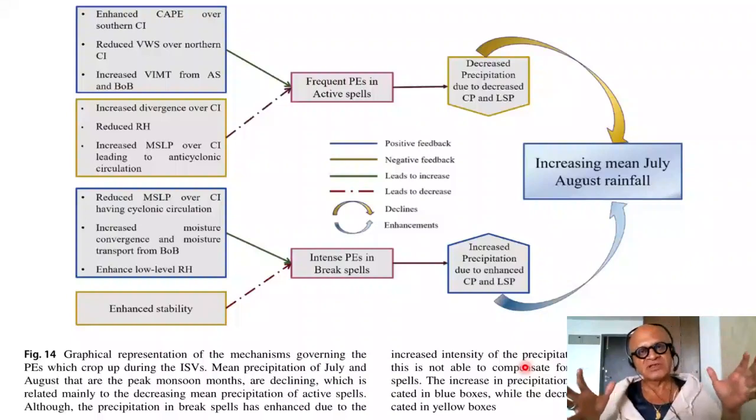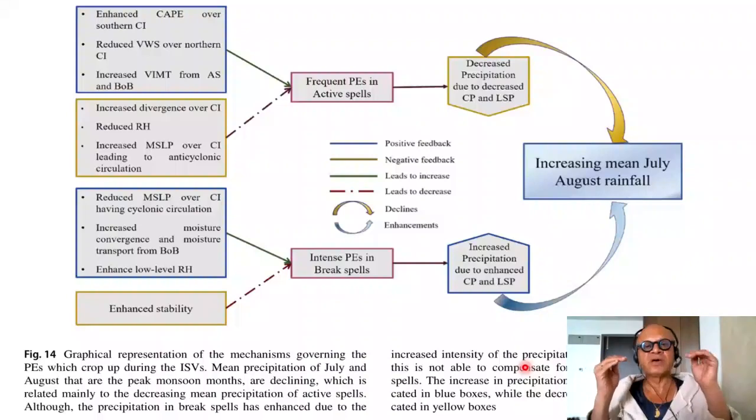So break period is still characterized by rainfall being one standard deviation below the long-term climatology, but the intensity of the rainfall events that do happen during break periods have gone up during the latter 2 decades compared to the previous 2 decades, but this is not able to compensate for the declining rainfall in active spells.